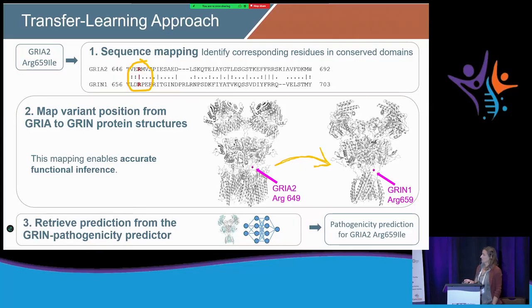So our approach is, when we have a new variant, for example in a GRIA gene, first we find the corresponding residue in the GRIN gene, and then we map those on the structure. And we retrieve the prediction for the corresponding GRIN gene. In this way, we have a pathogenicity predictor for the GRIA variants.